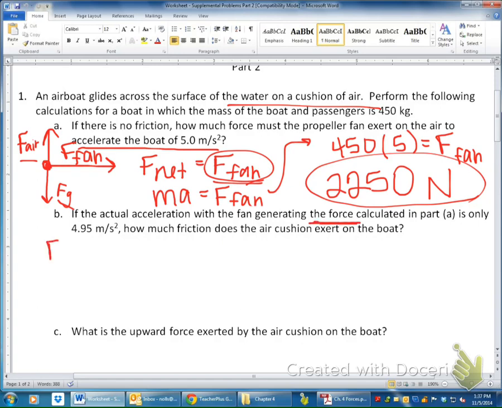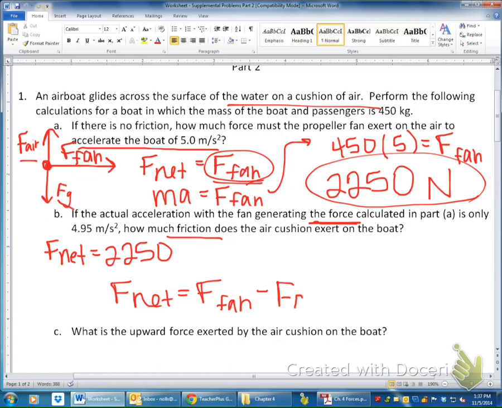So our net force would then be 2250, and we want to find out how much friction it causes. So we're going to say F net is going to equal the force of our fan, and now we need to subtract out that frictional force because that will be going in the opposite direction.